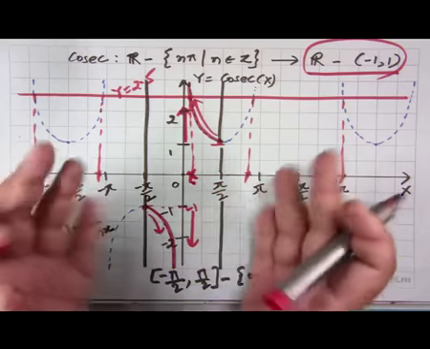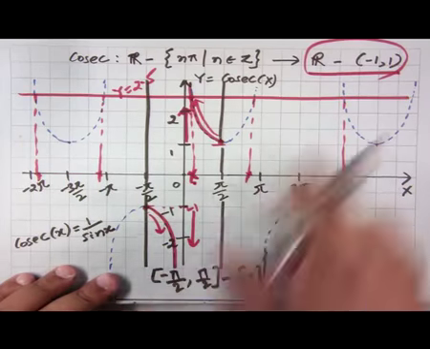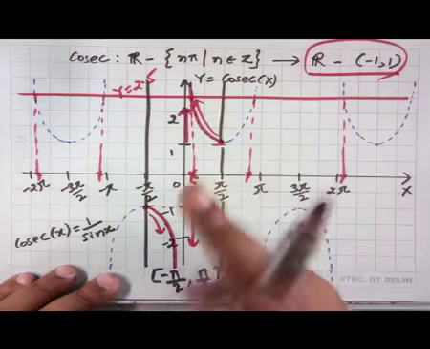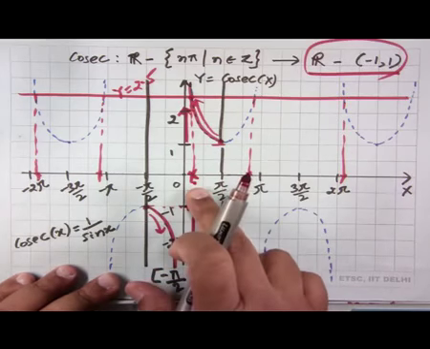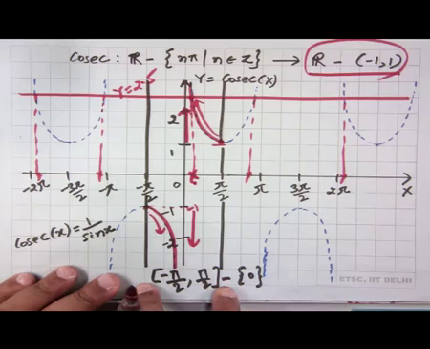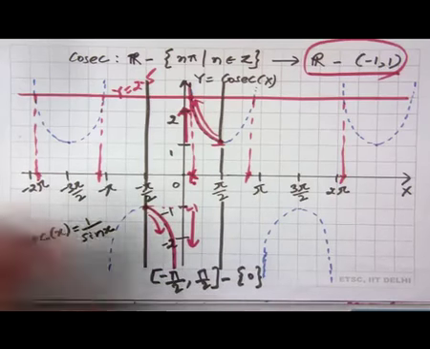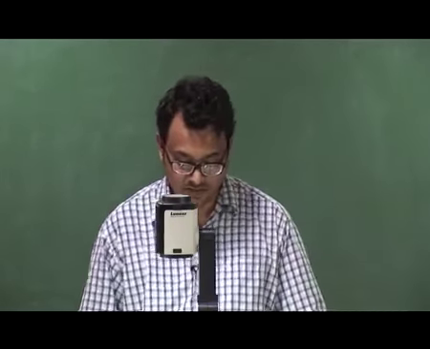But when we restrict the domain to this interval, for any value of y in this range, there will always be a unique x in the restricted domain such that cosecant of that x will be equal to y. Therefore, again by doing this restriction, we should be able to meaningfully define the inverse of the cosecant function.